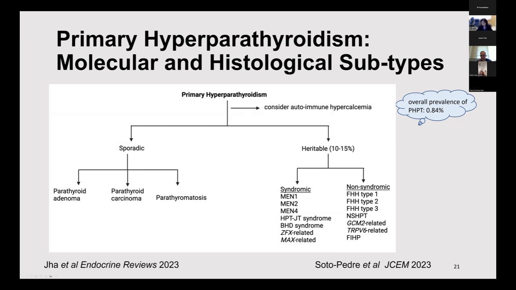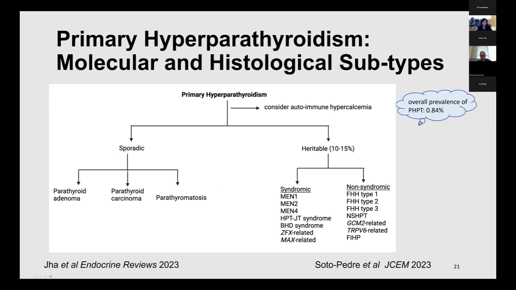I should point out that primary hyperparathyroidism is the most common parathyroid disorder, and its overall prevalence is about 0.85% in the general population. So about 10 to 15% of these patients will have heritable forms, and these can be categorized under syndromic forms or non-syndromic forms. We will review each of these in the subsequent slides.